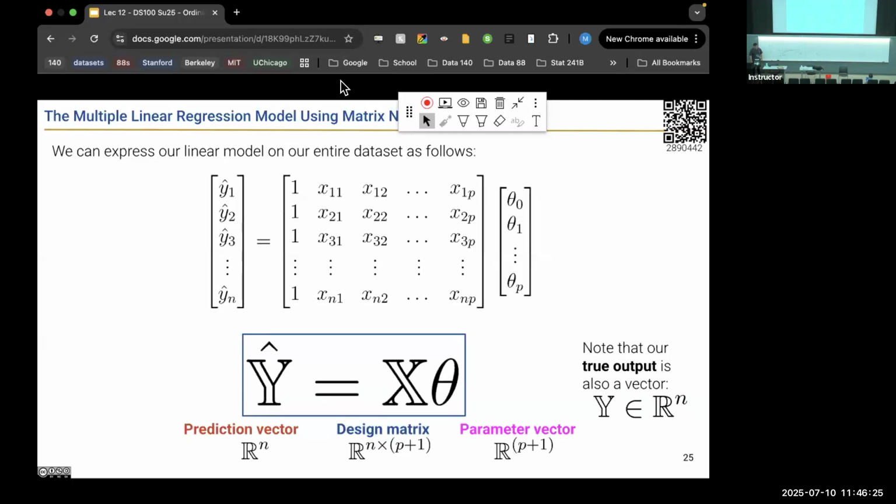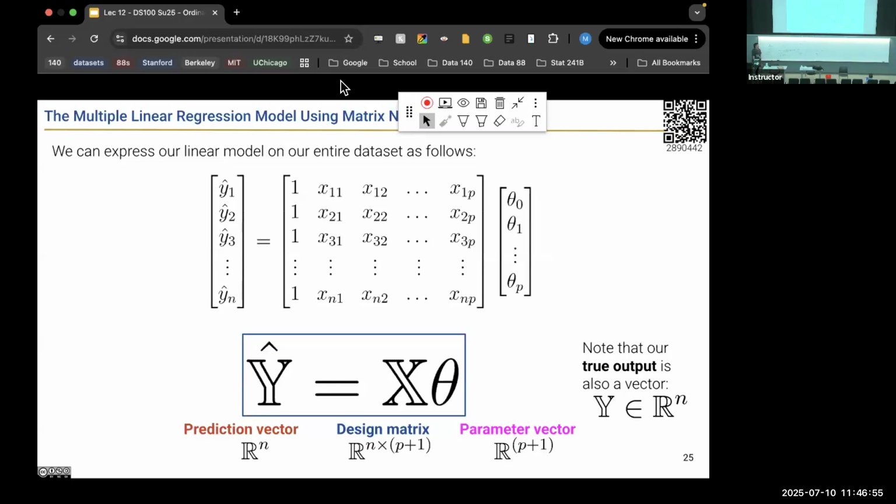So whenever you have your multiple linear regression model, you can always write it in this form as well, instead of writing out each individual equation: Y hat is equal to X theta. And you can check that the dimensions work out. My X has size n by p plus 1, and my theta is a p plus 1 vector, or a p plus 1 by 1 matrix.